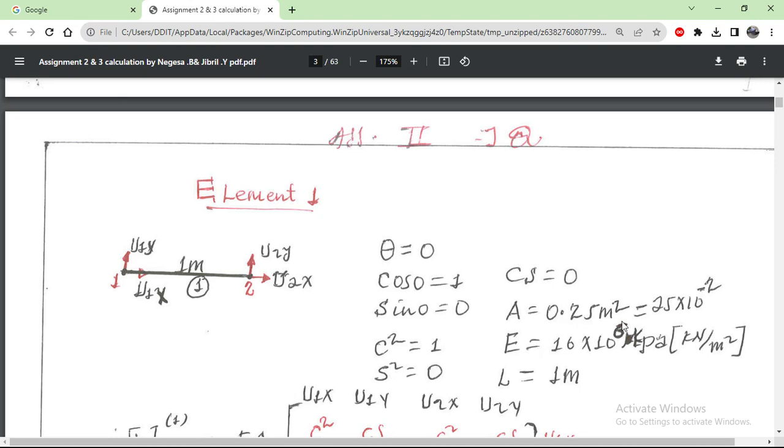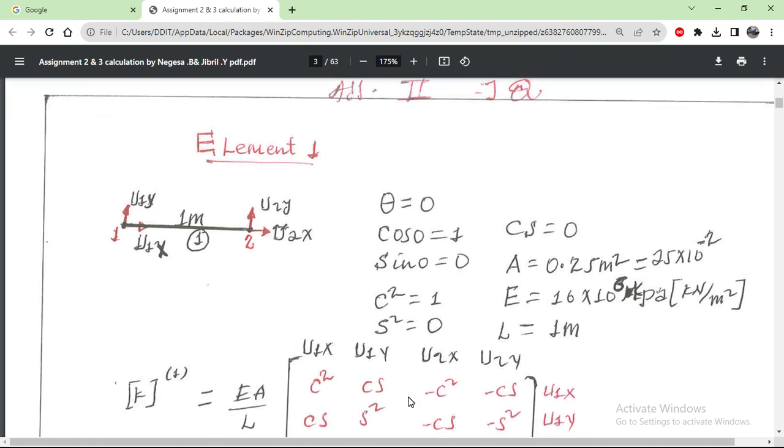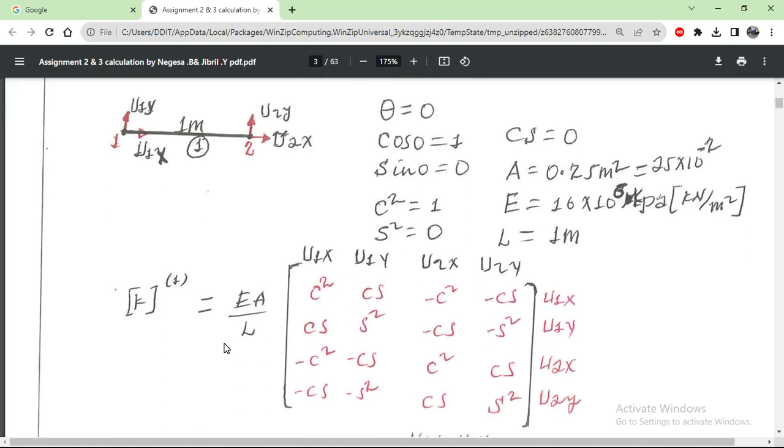Then the area, angle and length of the element are given. So we should convert this into these diagrams. The stiffness of element number 1 is equal to E times area divided by length, times this matrix, times the applied displacement. This is the general formula for these calculations.